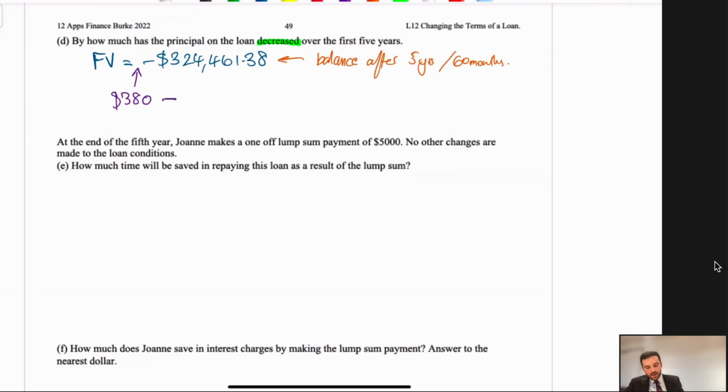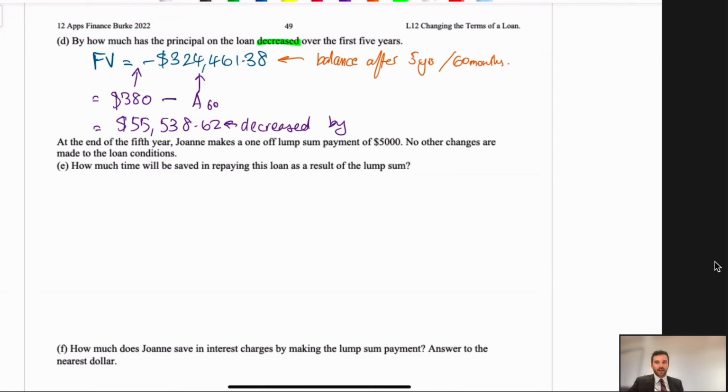Okay, now I'm going to take away this balance after 60 months, and check in your calculator. So it's decreased by $55,538.62.